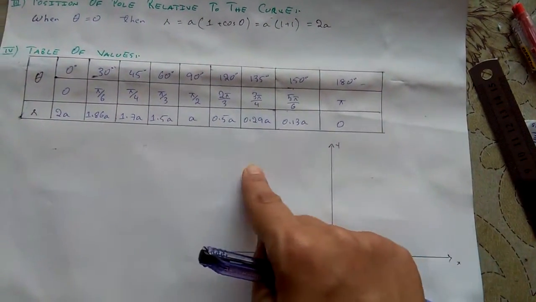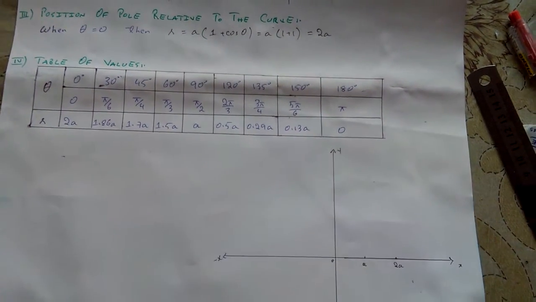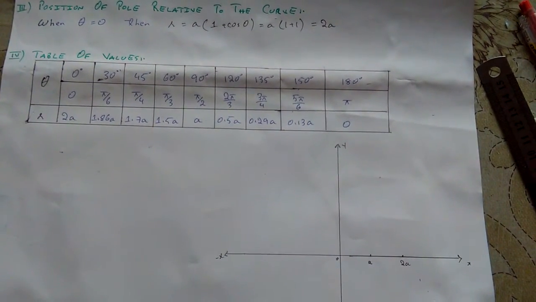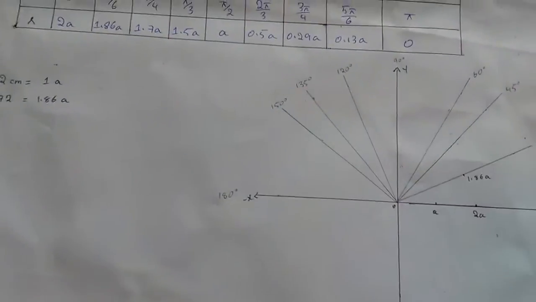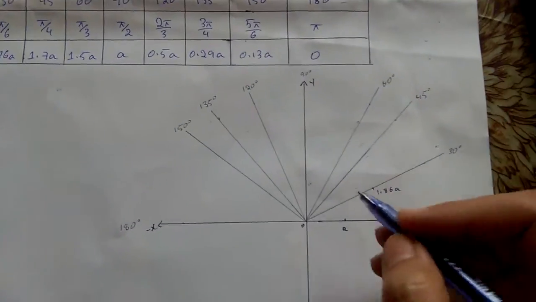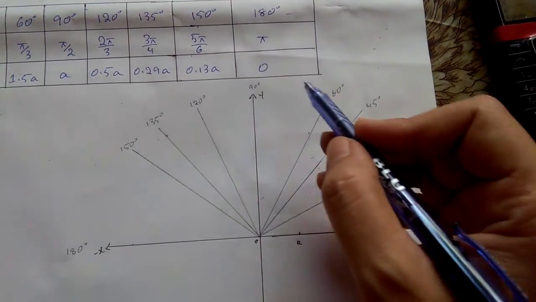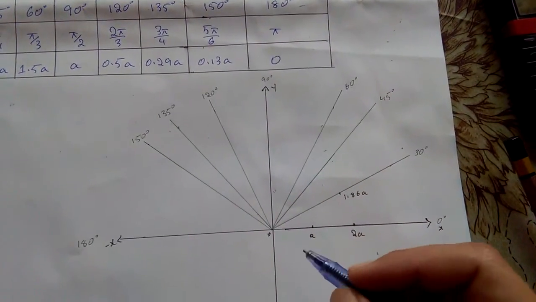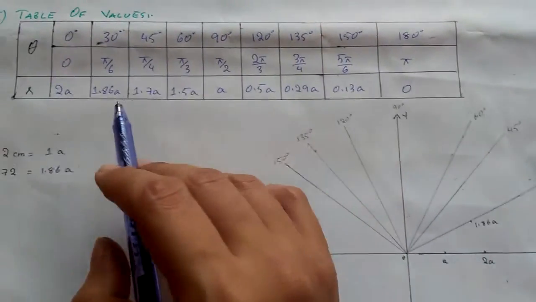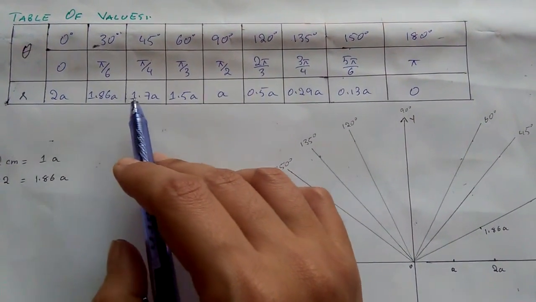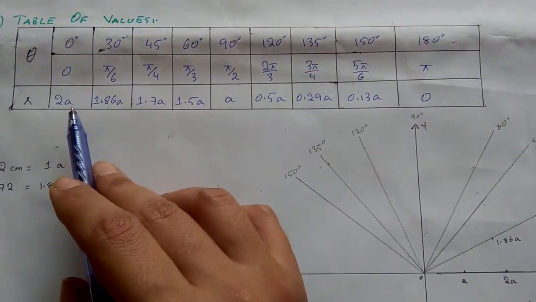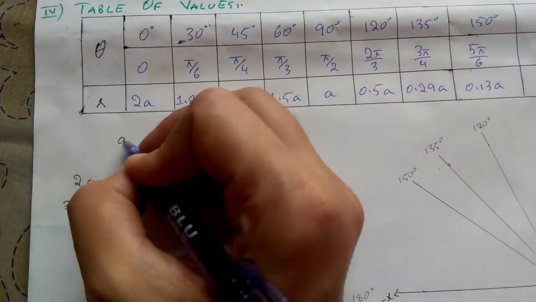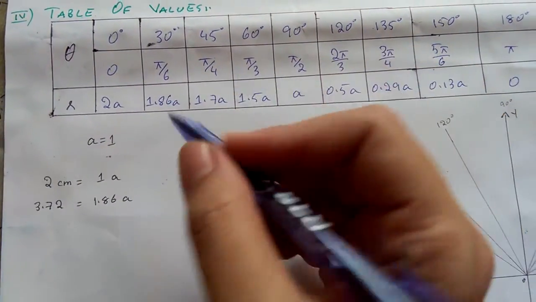So in the first and the second quadrant the angles are going to be, so let us try to draw this thing. That's how I sketched these couple of angles here. You can see it's labeled over here as well. So that's it. Now as far as these values are concerned, the radial magnitudes, how are we going to plot them? Because we do not know the value of a, we just assume that a equals 1 just for the sake of plotting.